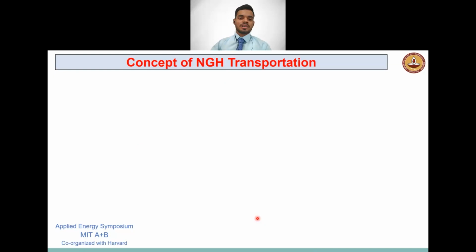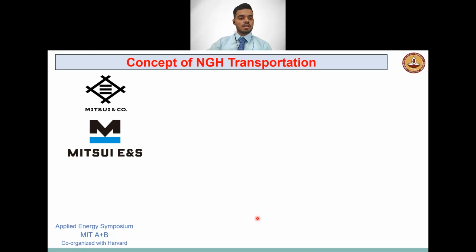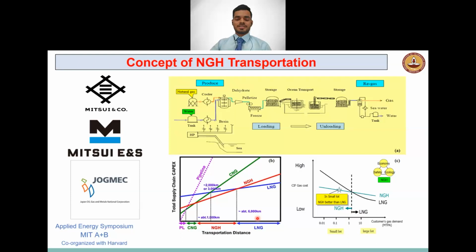For that reason, natural gas hydrate transportation is now important, right? It was studied by a Japanese company, Mitsui and Corporation. With collaboration of the Japanese government, they conceptualized natural gas hydrate transportation via an ocean route, and here we can see the graph between total capex and transportation distance.